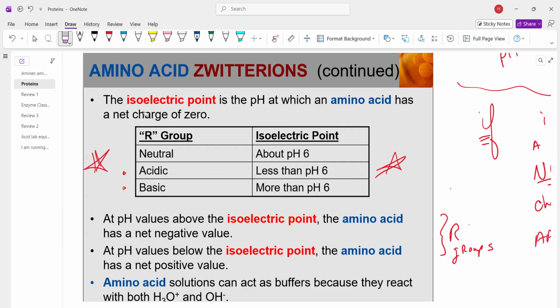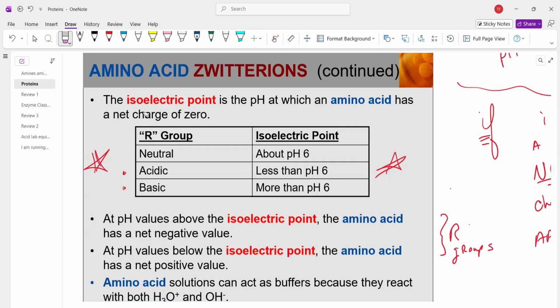Now, interestingly, when you get to the point of taking all the side chains together, and some proteins can have thousands of them, and then you look at what is canceling what from a pH perspective. So you look at the basic ones and the acidic ones, and you reach a point where it favors the acidic side or the basic side, or it's equally balanced.